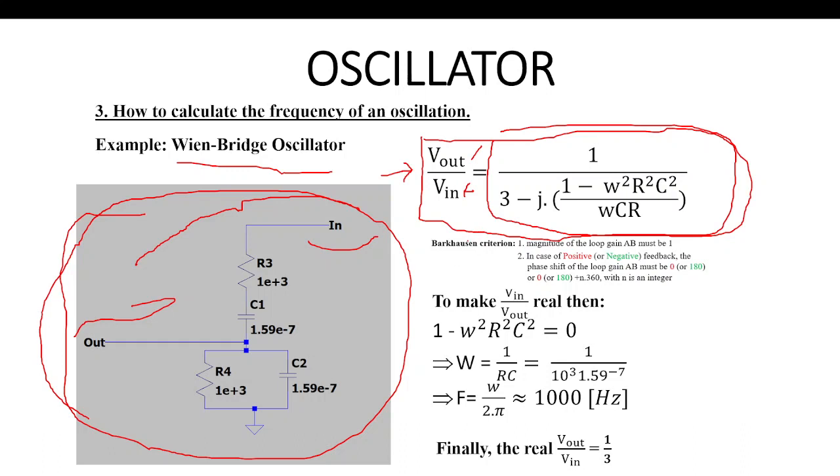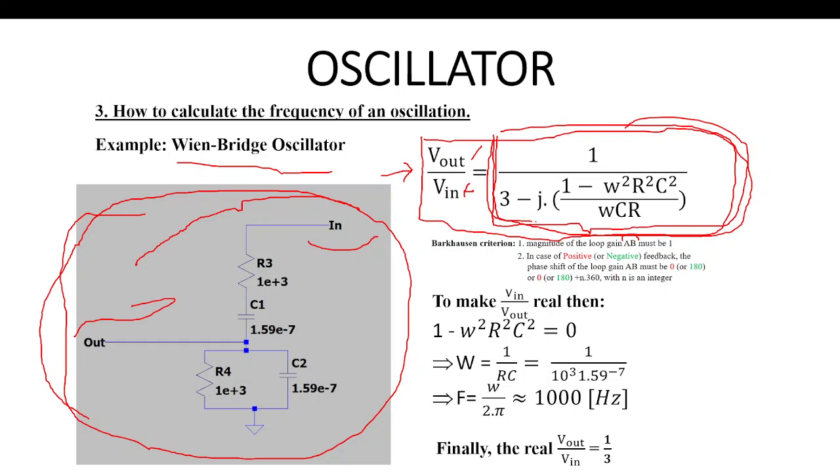Let's assume that this is a part of our AB system. So if it's a part of the loop gain, in order to obtain the oscillation, the loop gain must be a real number. The loop gain must be a real number.